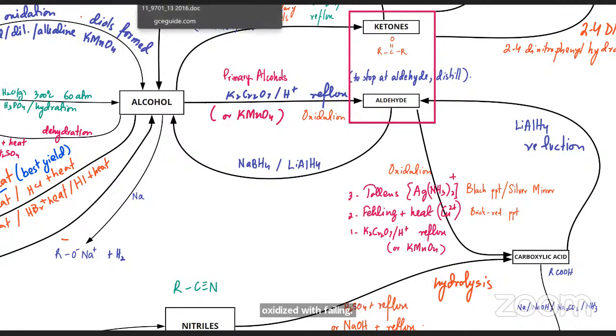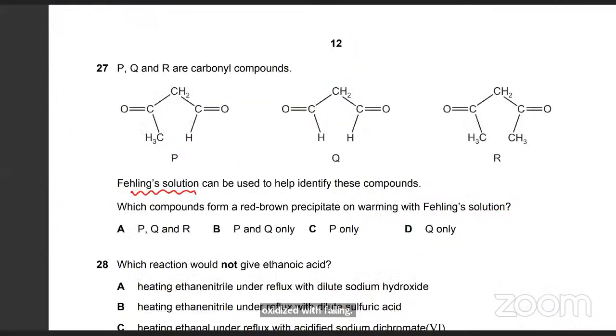So here, which ones are aldehydes? What's the first one? Is this an aldehyde? Sir, one side is forming, the other isn't. So okay, it's an aldehyde then. What about the next one? It's an aldehyde as well.